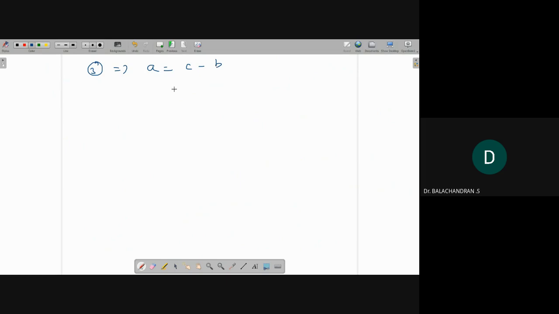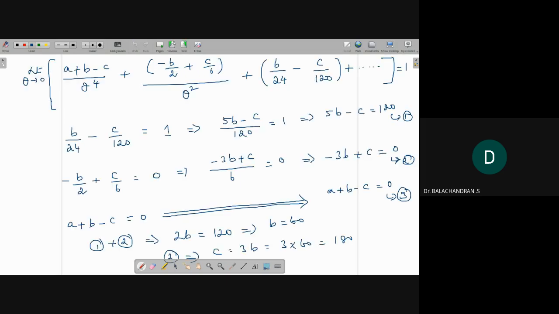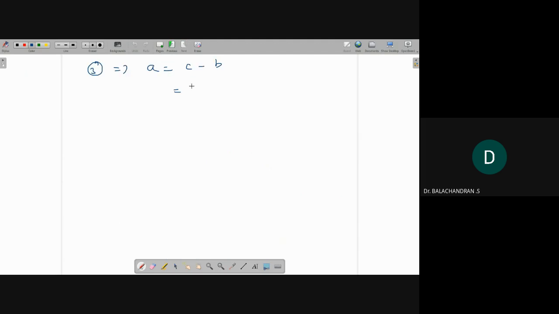But we know that c is 180, 180 minus b which is 60. So a equal to 120. So the values of a, b, c are a equal to 120 and b equal to 60 and c equal to 180. So now we'll move to the second problem.